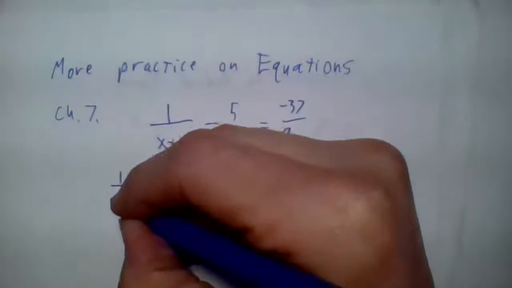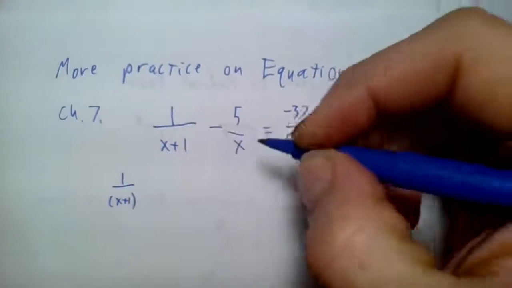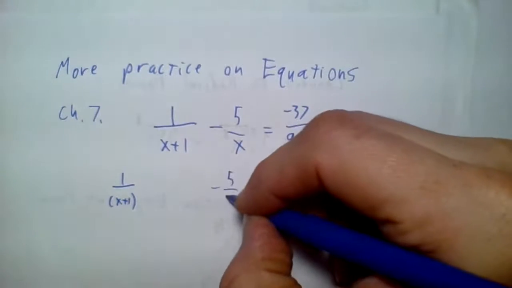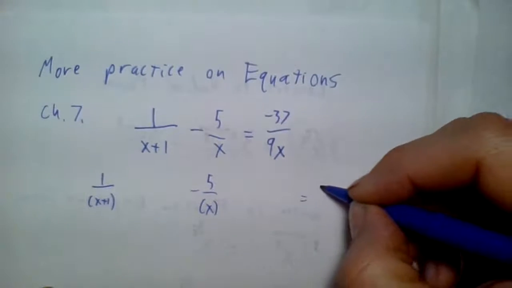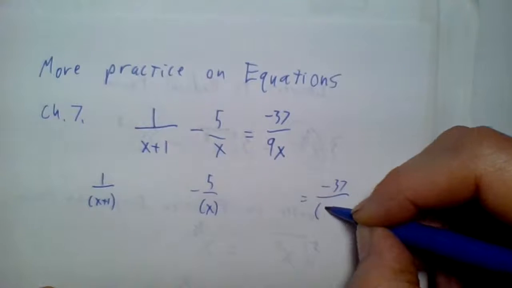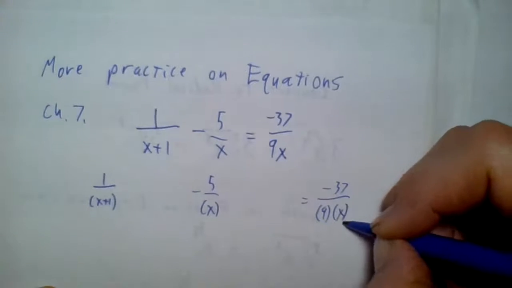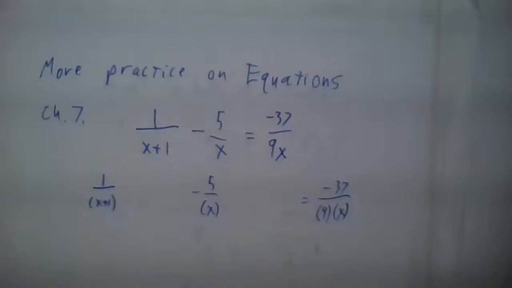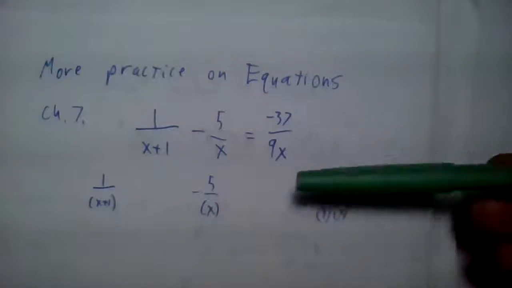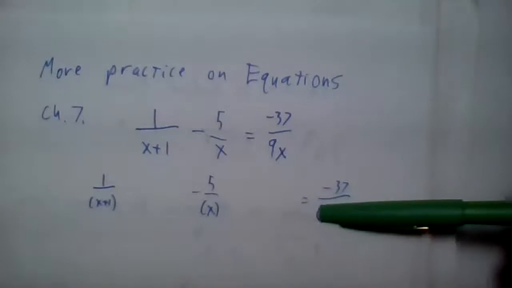So my first step is really to write this out. These are factors. And this one's simple enough that I don't have any factoring to do. They're already written as separate factors, except I can think of the 9 and the x as separate factors here because they're multiplied. Those are the factors of all of this. The main thing I'm trying to do now is write it out with some extra space because I'm going to multiply them all by a common multiple that has to include all of these factors.